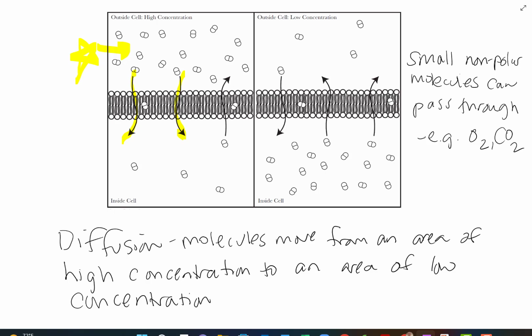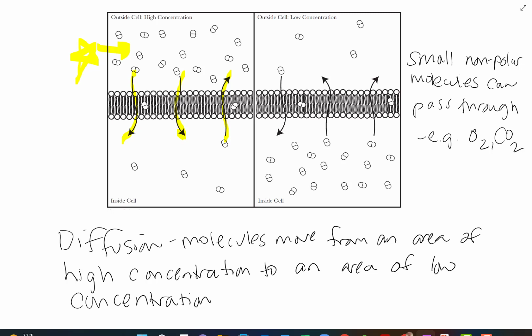Now, if you look, you can see we've got some traveling this way, the opposite direction. These molecules, simply due to kinetic energy, are going to travel back and forth through the plasma membrane, through that cell membrane, but we're going to have a net flow in the direction from the high concentration to the low concentration.